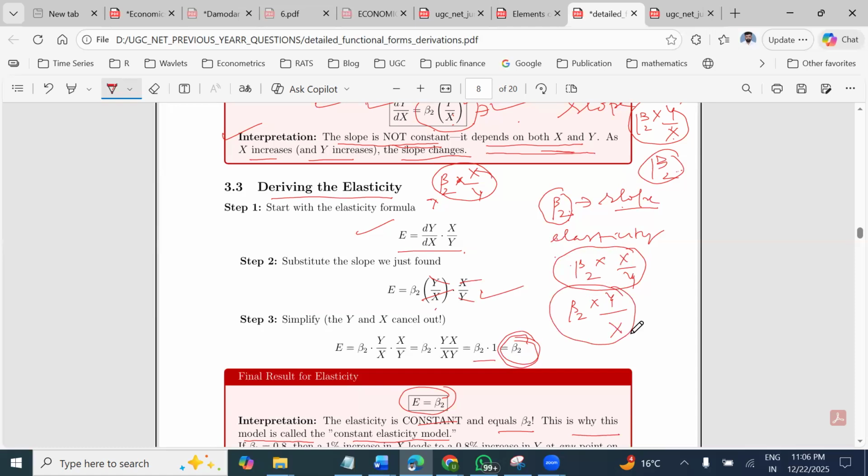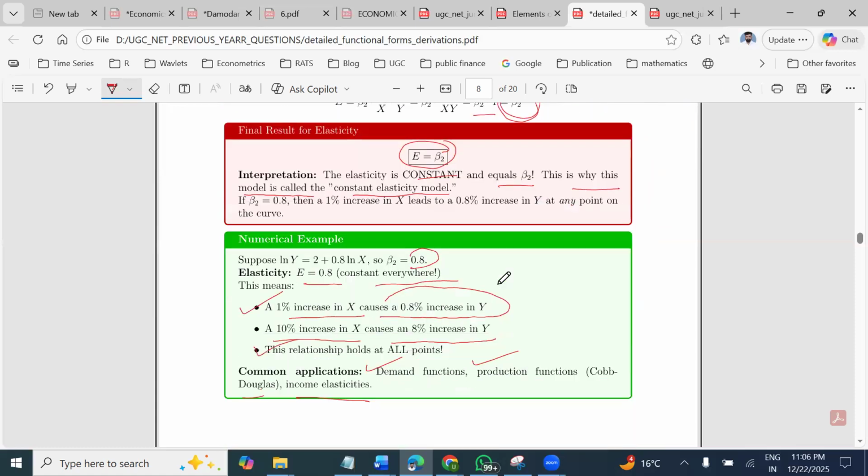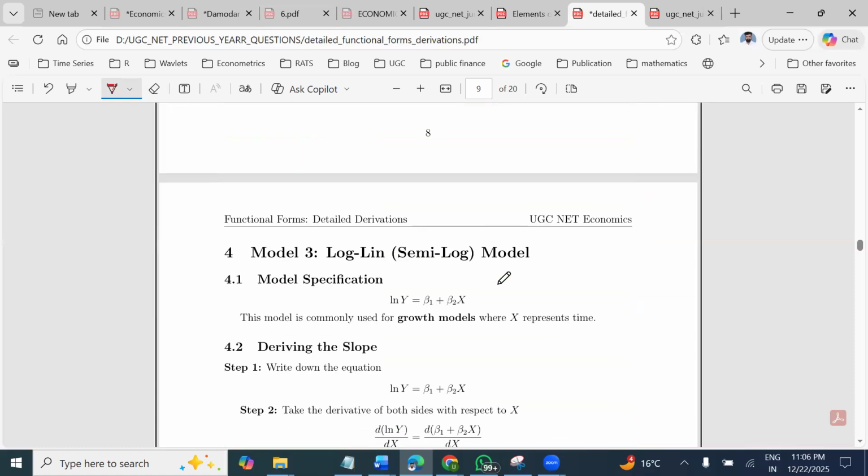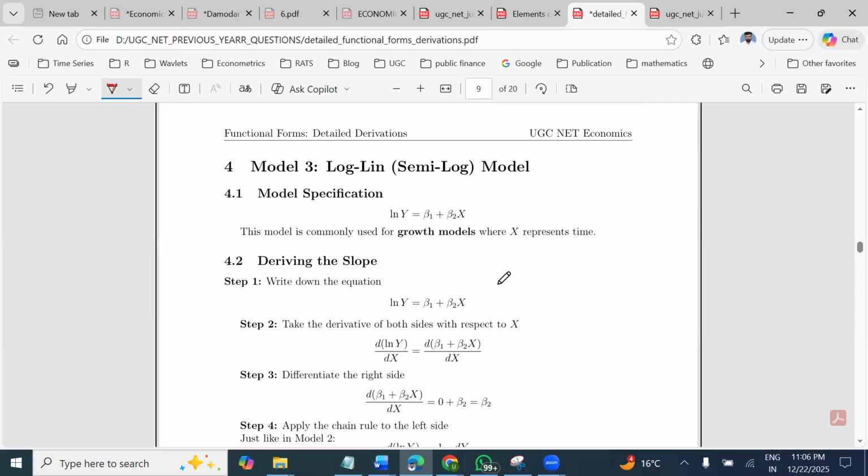So there is a relation. Is it clear now? This model is very important, because we are solving many questions with it.